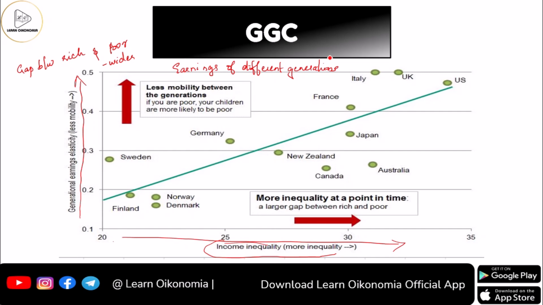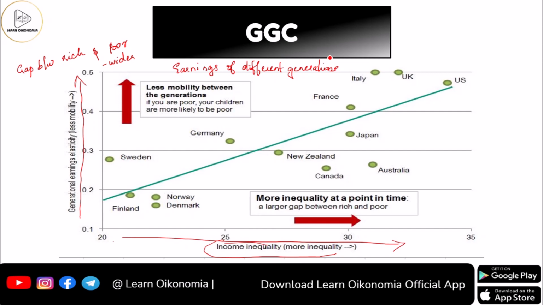So what we have to do here is compare your income with your parents' income. Or else you can compare the children's income with the parents' income.